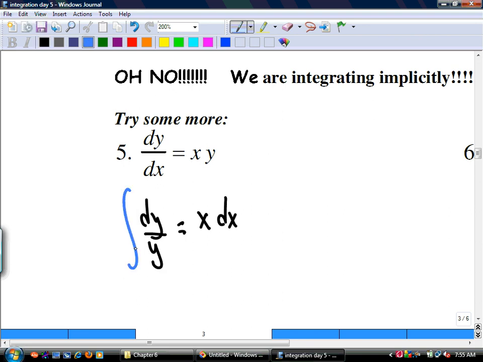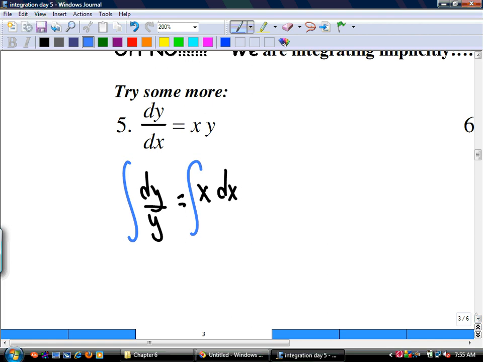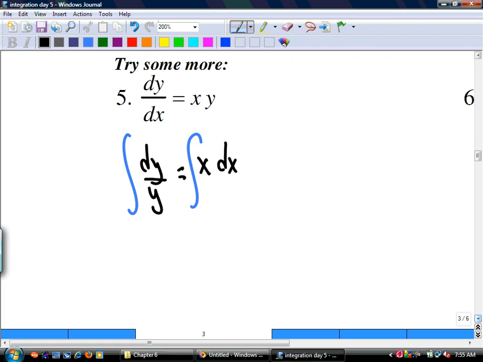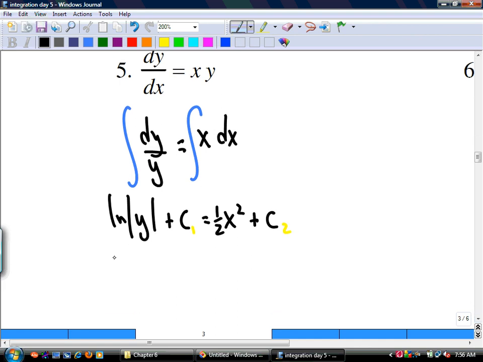The antiderivative of the left-hand side is ln. Take the C1 and the C2 and combine them together and create C3.